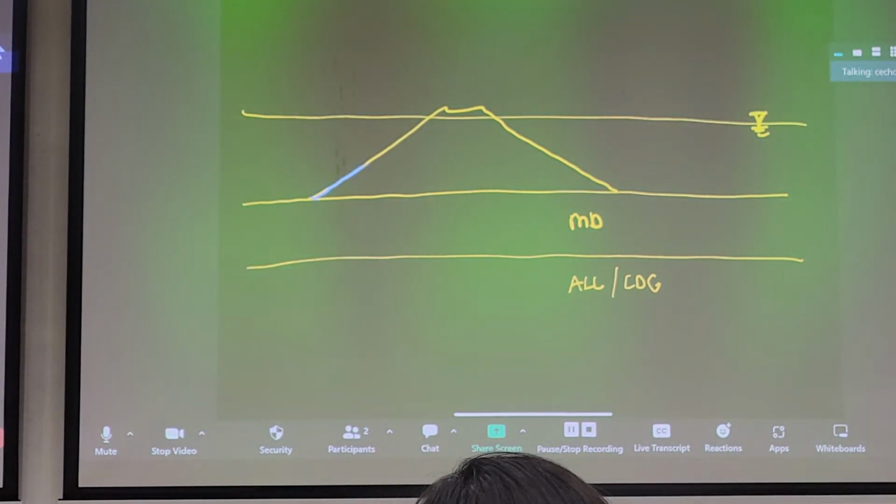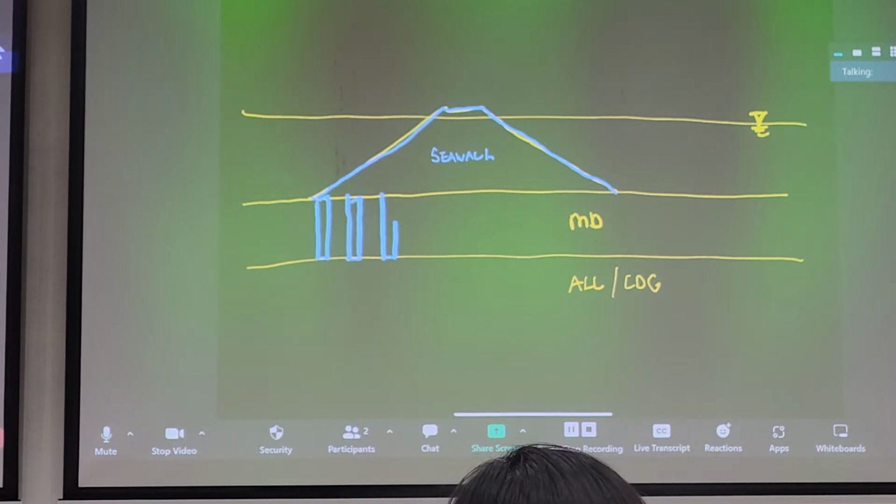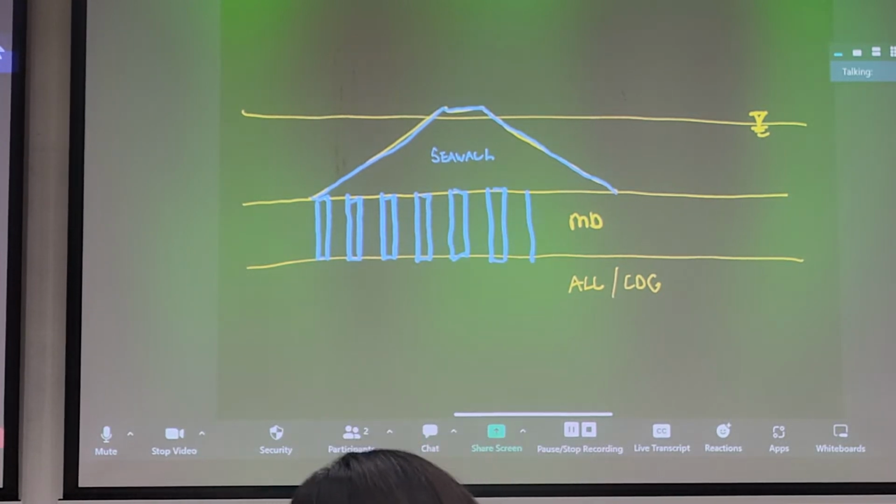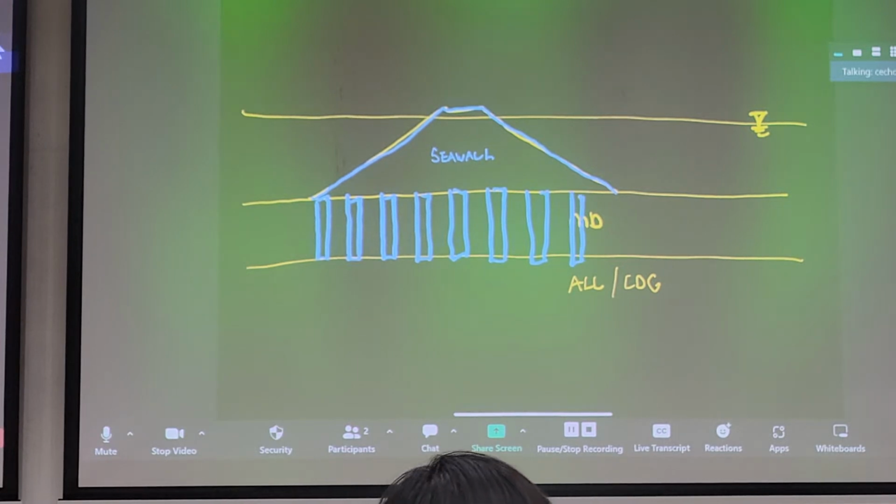This is the seawall. Now, interesting thing is, often we insert stone columns like this, to support the seawall, let's say.